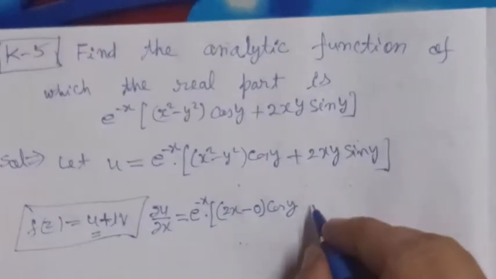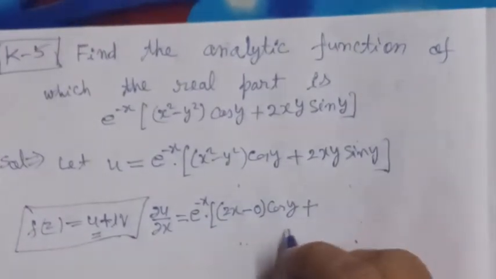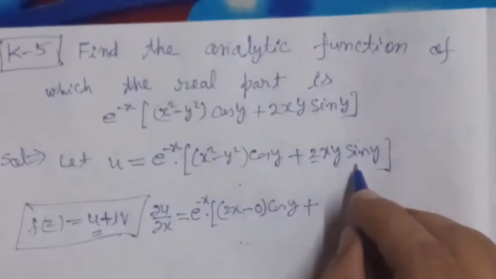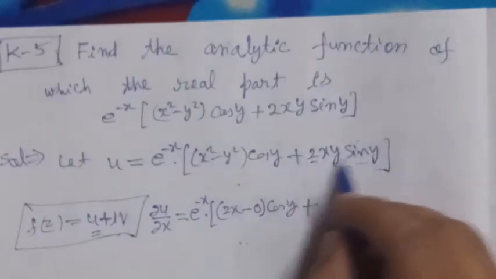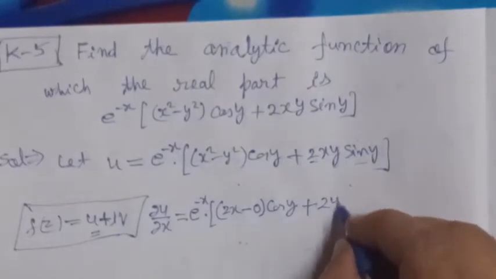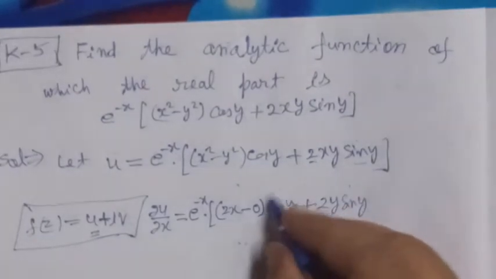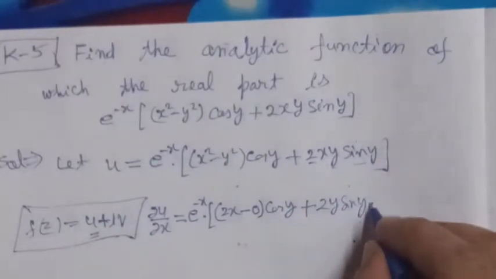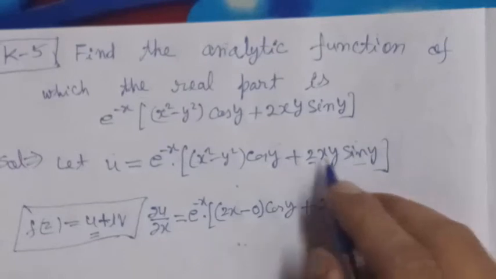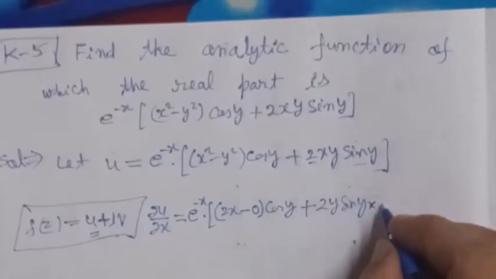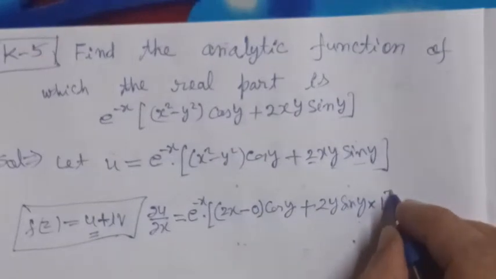Next term, plus 2y sin y is multiplied by x, so we take 2y sin y as a constant which is multiplied by x, so the differentiation of x with respect to x is 1.